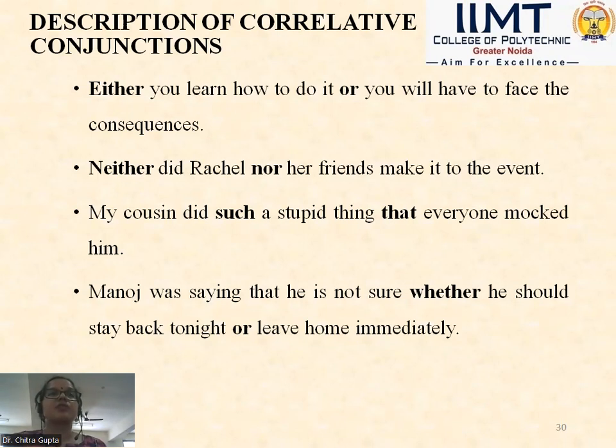Another example for correlative conjunction is, Manoj was saying that he is not sure whether he should stay back tonight or leave home immediately. Now, Manoj is not sure whether he should stay at home, or he should leave the home immediately.